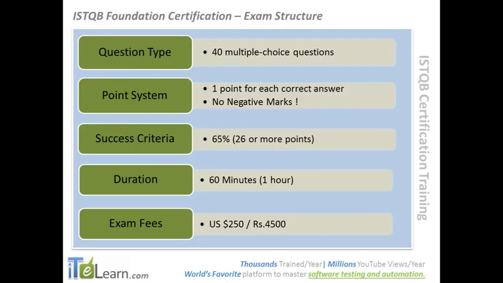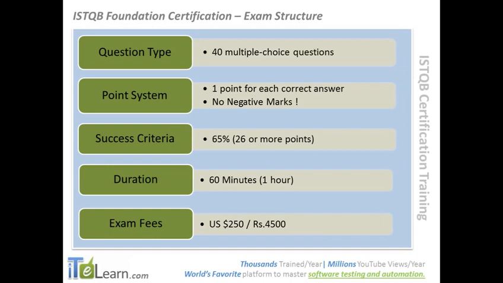A quick recap. People who have already seen this in the orientation session, it's fine, but I want to put this in place so that whoever is starting new today will get to know the exam structure. There are 40 multiple choice questions with 1 mark for each correct answer.